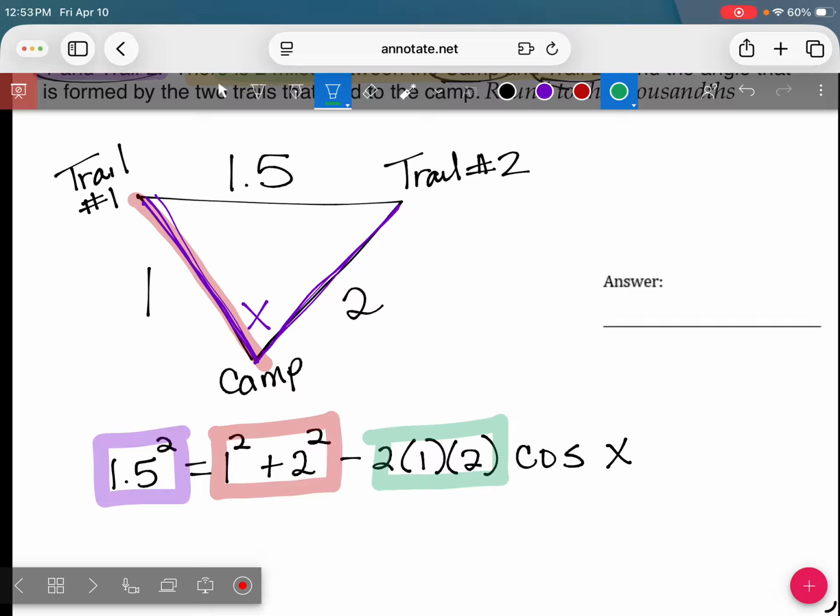I can guarantee you on the test next Thursday, I'm going to have at least 5 students try to put this whole thing in their calculator and come up with one number. You can't do it. You have to chunk it into pieces, and we have to solve it.